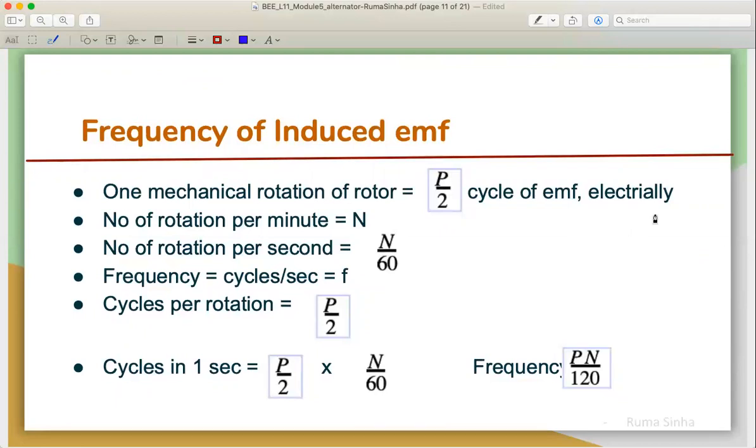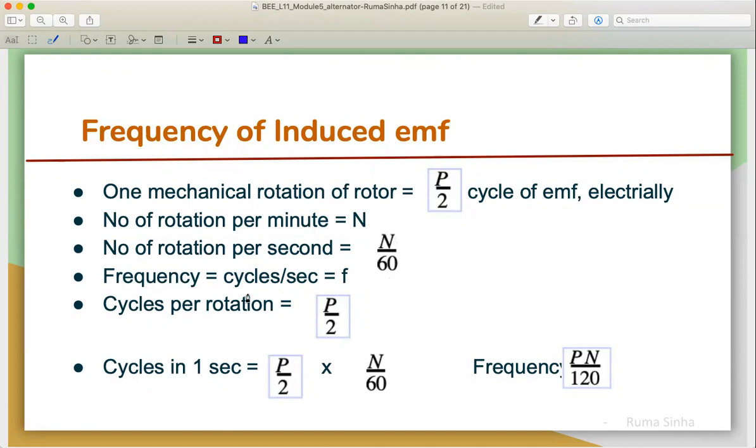So if I consider the rotor is rotated at a speed of n RPM, that means n rotations per minute, we need to find the frequency. Frequency is cycles per second. If the number of rotations per minute is n, the number of rotations per second is n by 60.